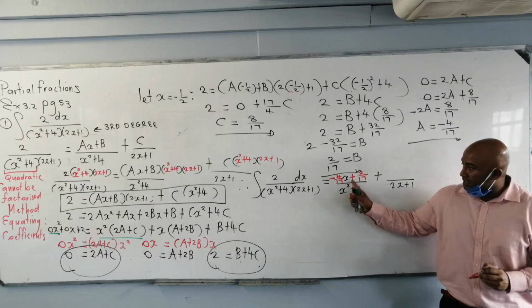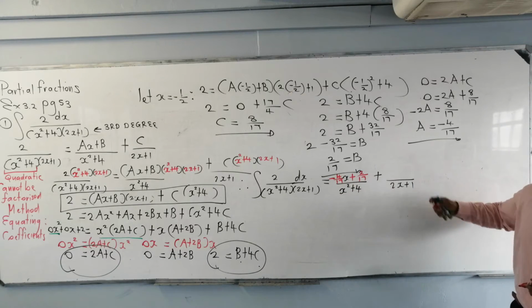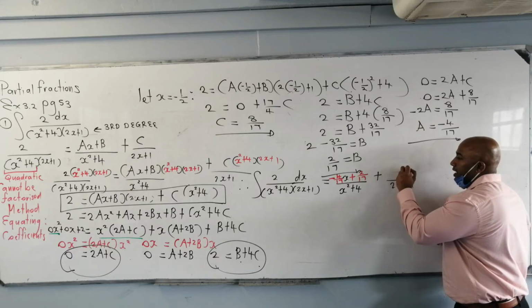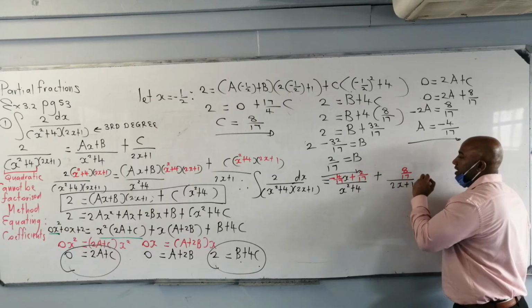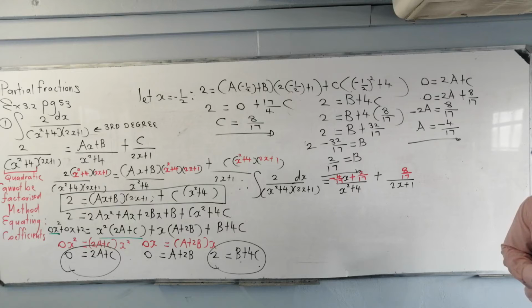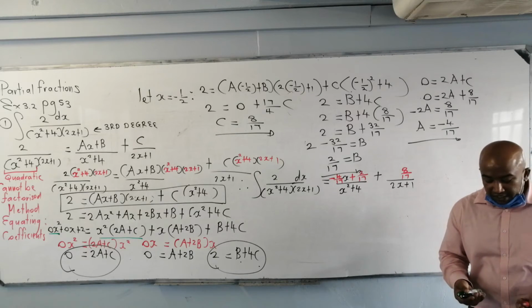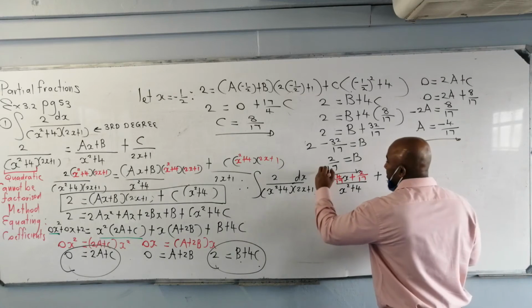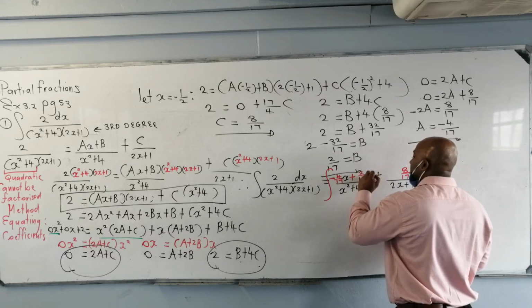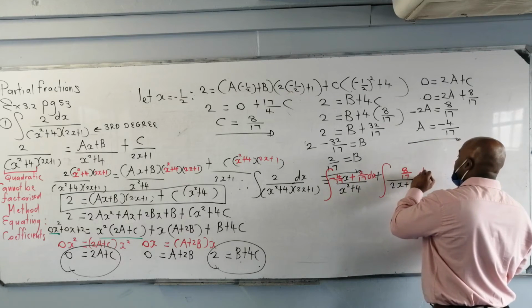There's my Ax plus B, and my C was 8 over 17. So we found our A, B, and C. Now we need to integrate everything.